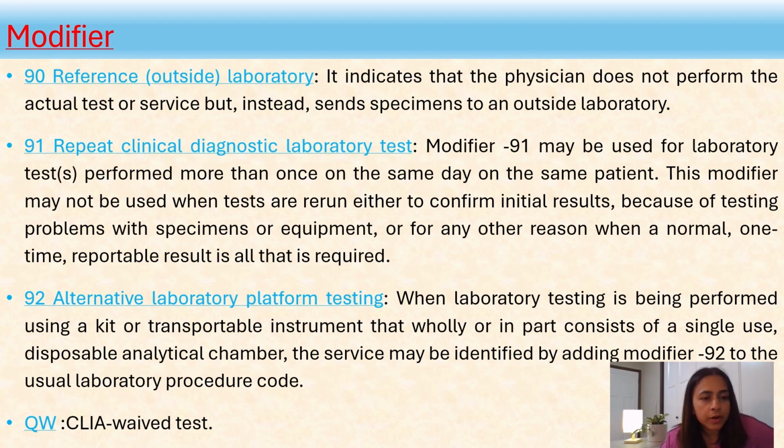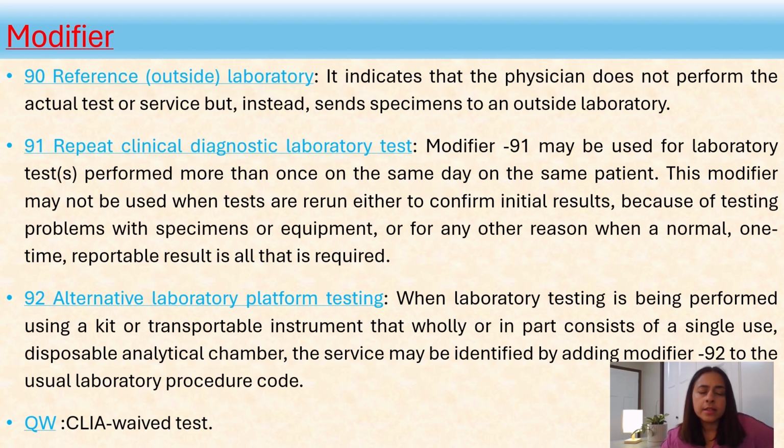Modifier 92 is used for alternative laboratory platform testing. When laboratory testing is being performed using a kit or transportable instrument that wholly or in part consists of a single-use, disposable analytical chamber, the service may be identified by adding modifier 92 to the usual laboratory procedure code.